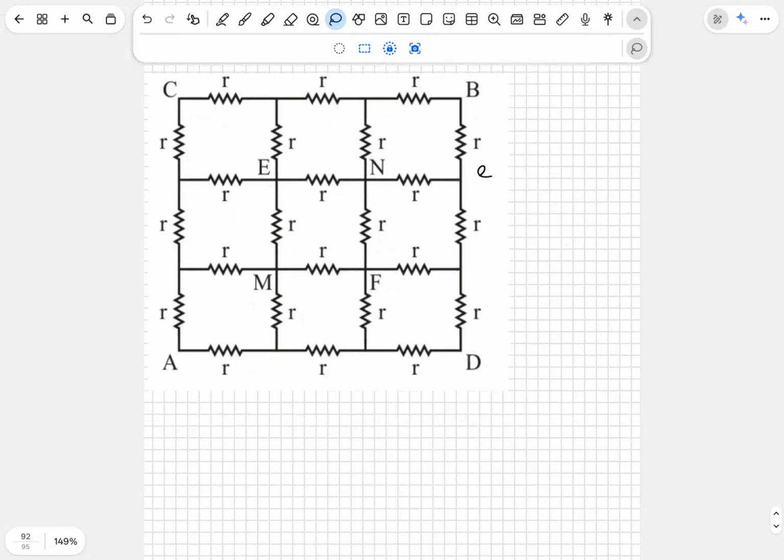See, when the current enters at M and leaves at N, with respect to M, these 2 points are at the same potential. E and F same potential. D and C same potential. Again, these two junctions also same potential.